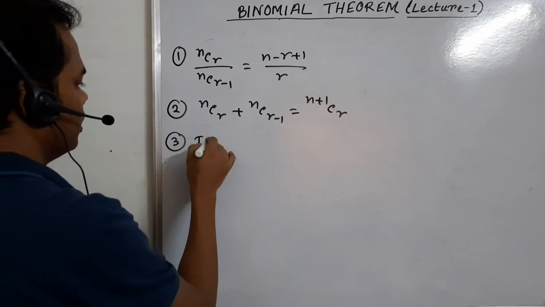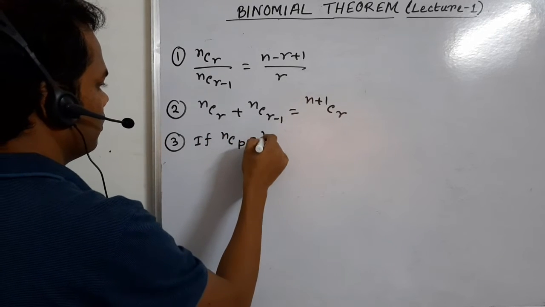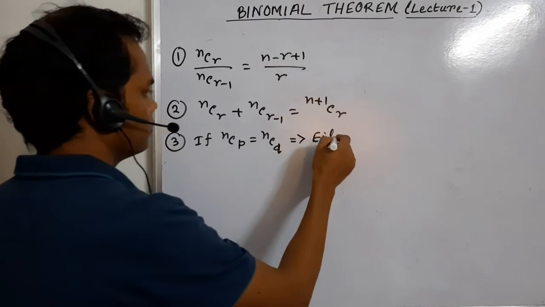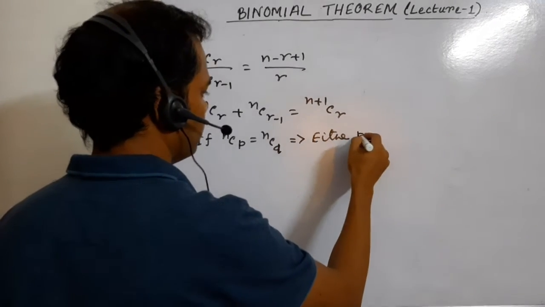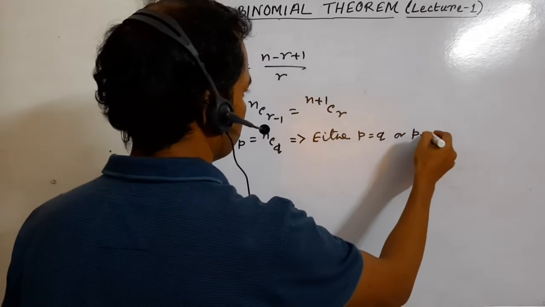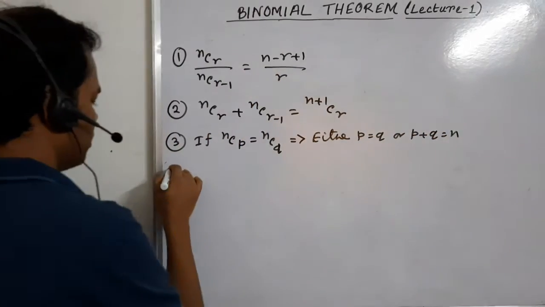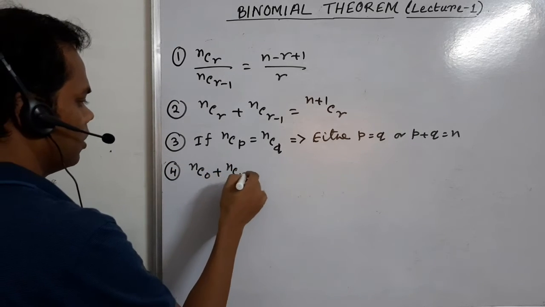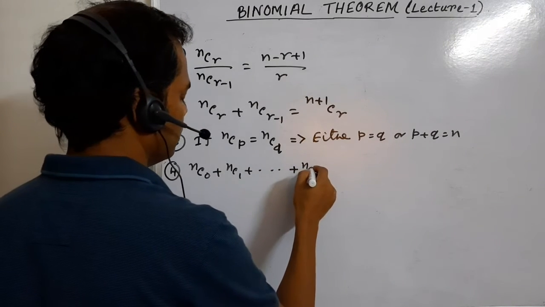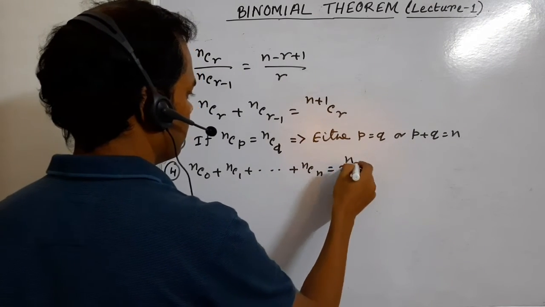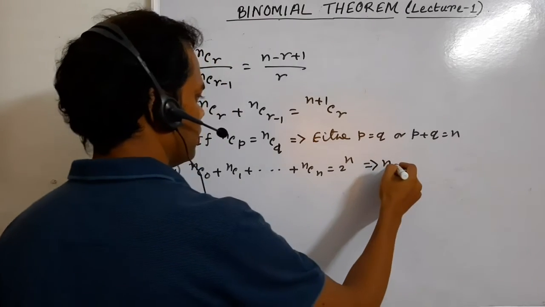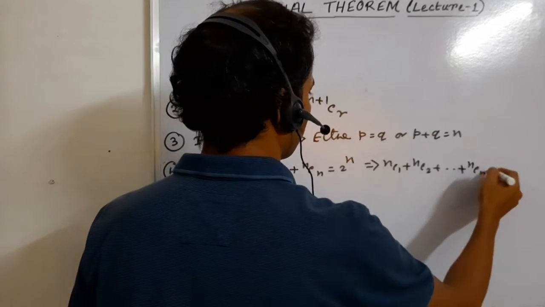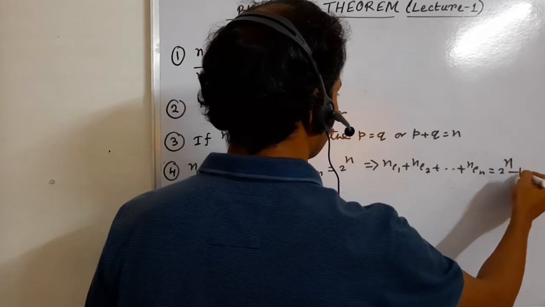Third formula: if nCp equals nCq, that implies either p equals q or p plus q equals n. Fourth one: nC0 + nC1 + ... + nCn equals 2^n. By this we can write nC1 + nC2 + ... + nCn equals 2^n minus 1.